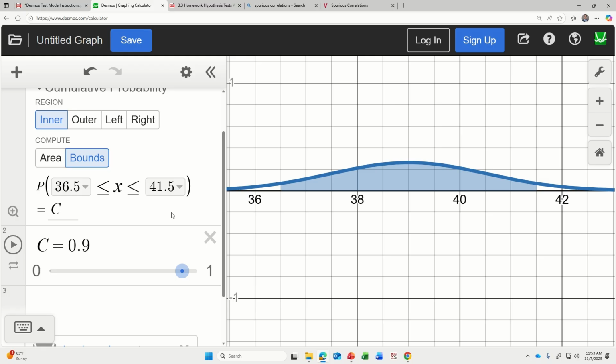So the width of my interval is 5, then divide by 2, and I get a margin of error of 2.5. Does that make sense? The margin of error was 2.326. Yeah, it's probably because I rounded off too much.